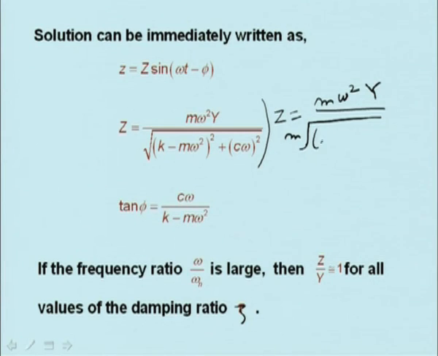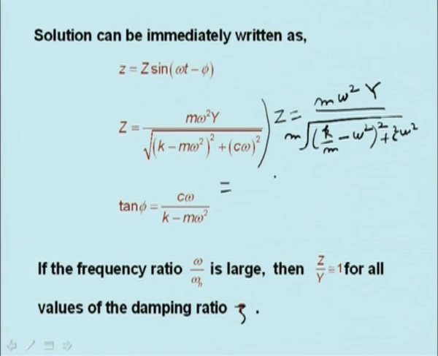This becomes k by m minus omega square whole square plus c square omega square.